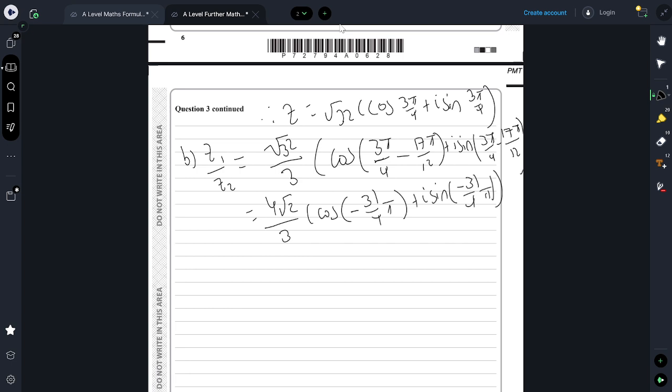Okay, nice. So if you type this into a calculator, the cos of minus 31 over 4 pi is root 2 over 2, and then plus i of the sine of minus 31 over 4 pi, and that gets you root 2 over 2 as well.